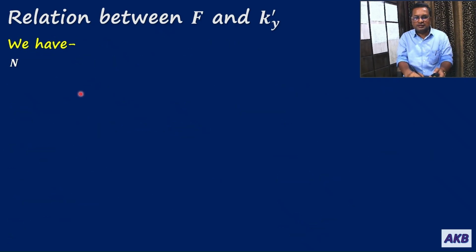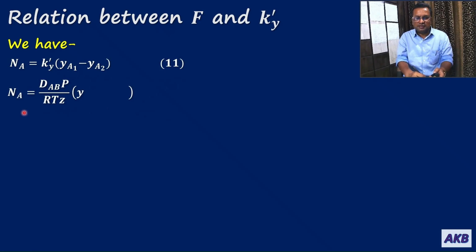So we have the equation Na is equal to K dash Y into Ya1 minus Ya2. That is equation number 11. And the equation we just got is Na is equal to dAB P upon RTZ into Ya1 minus Ya2, which was equation number 12.